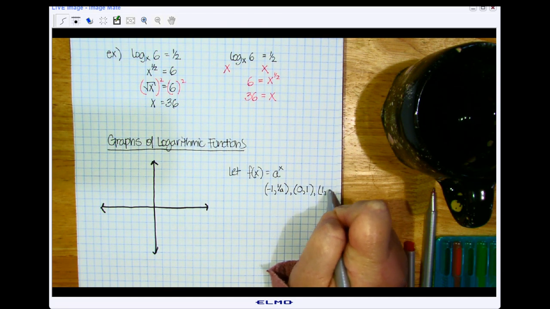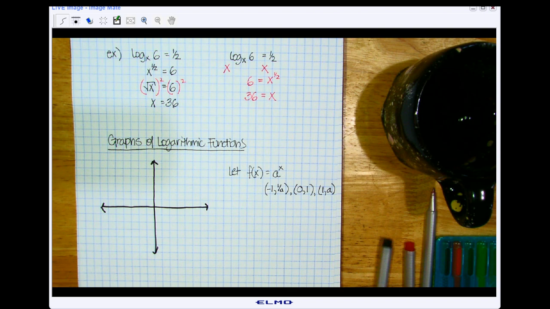And then we did a 1 with a. E if it was a natural exponential, a if it was any other base. Right? So e was just a stand-in for the 2.718. So e is just a stand-in for the specific natural number.